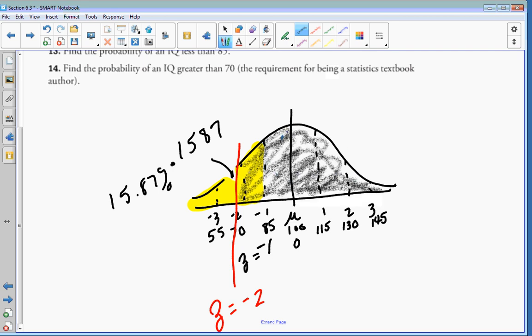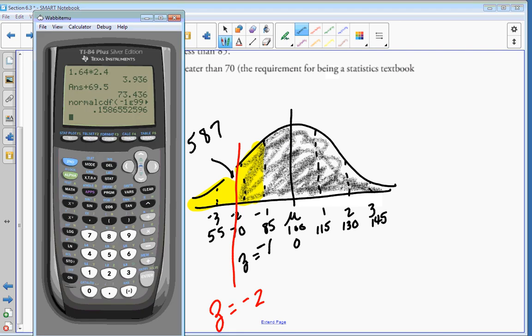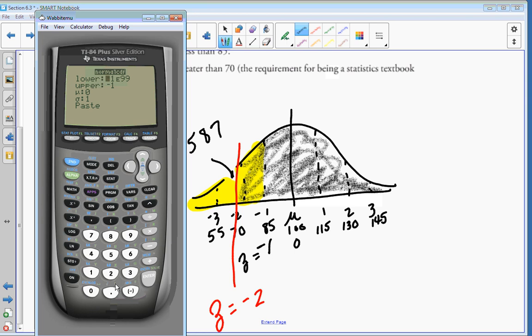So when we go to our calculator, again, we have z, so we're going to find the area by going to the distribution, going to the normal curve. My lower level here now is -2, and I want to go all the way to the end, so -2, and I'm going to put 9999999, and go ahead and hit enter.